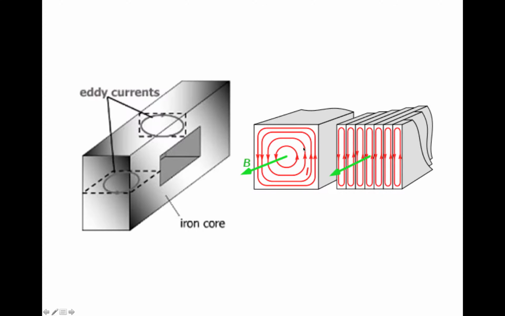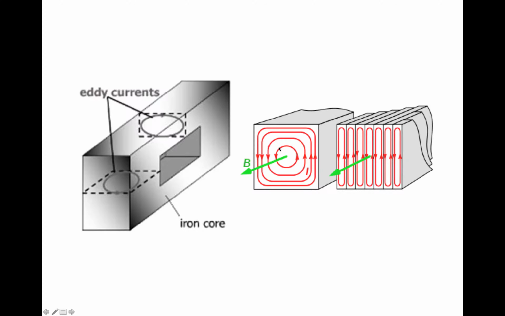So the strength of the induced eddy current is proportional to the magnetic flux enclosed inside of the eddy current circles. So if you have less flux that goes through those red circles, then the strength of the eddy current is going to be reduced, right?